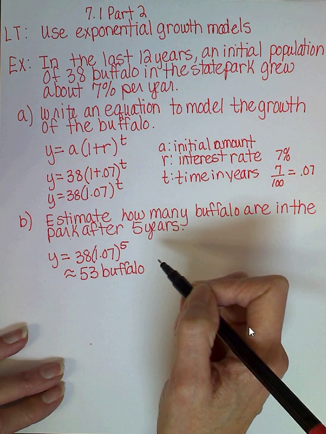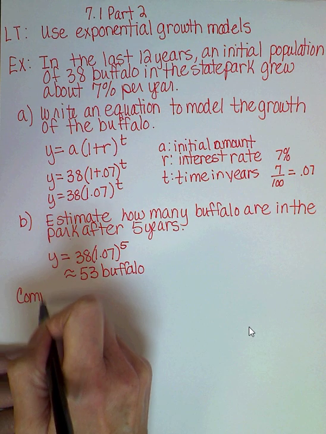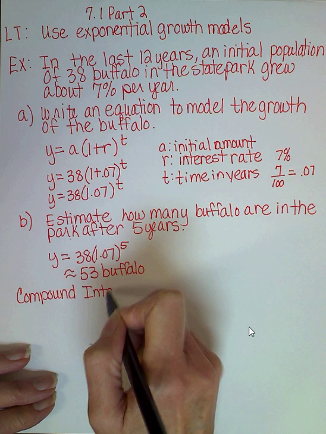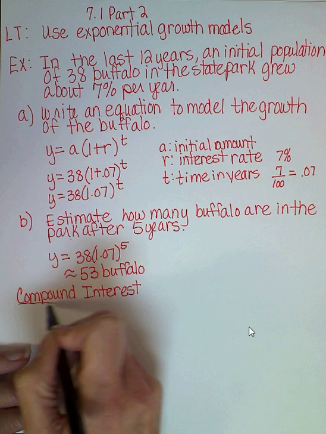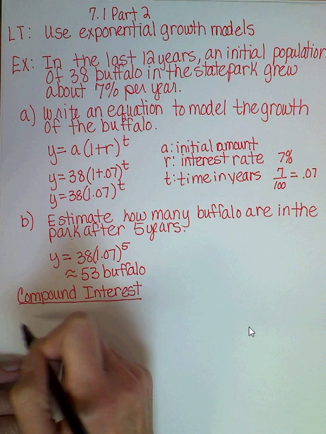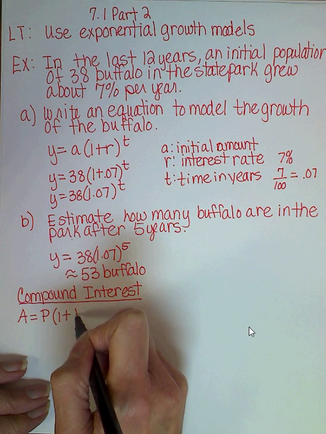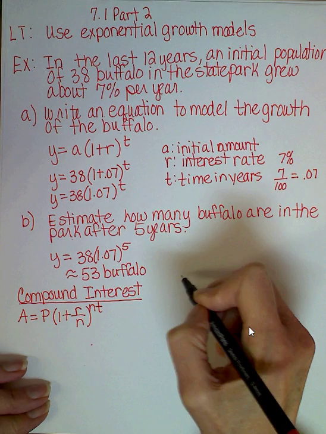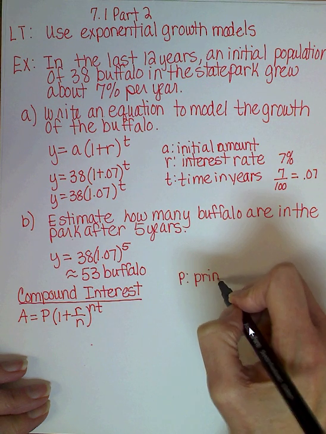Alright, now another application of exponential growth is compound interest. When you put your money in the bank, you know it calculates interest on it, and the number of times that it calculates the interest, that's called compounding the interest. So we use this formula to calculate compound interest. Alright, so P is the money that we put in our bank account, and we call this principal.